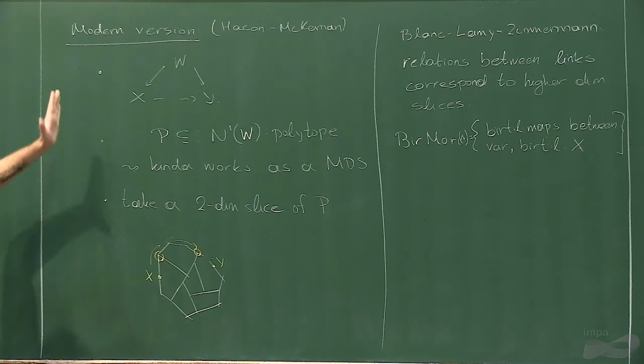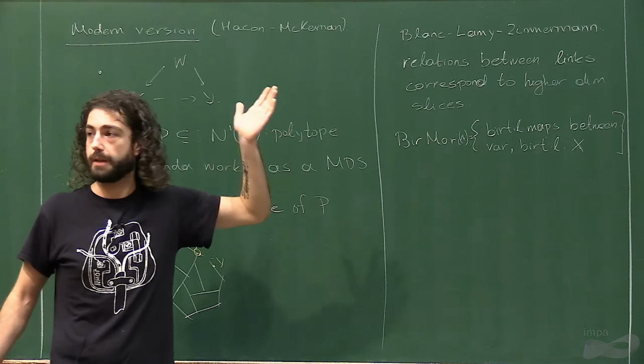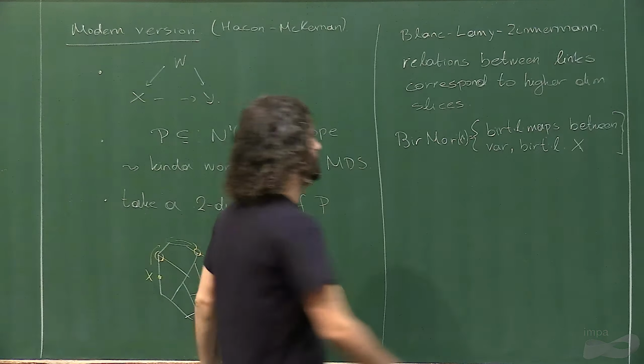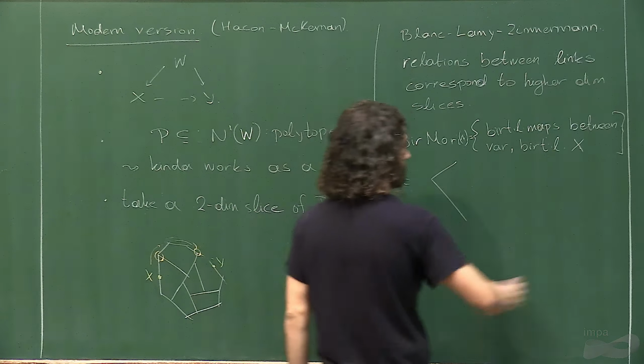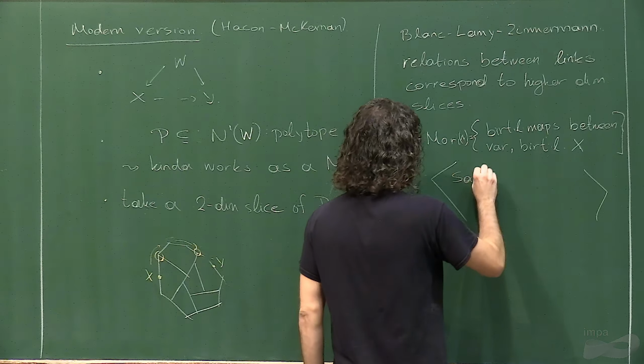Then what Blanc, Lamy, and Zimmermann did is they found the relations. So now we have a presentation for this groupoid, generated by Sarkisov links.